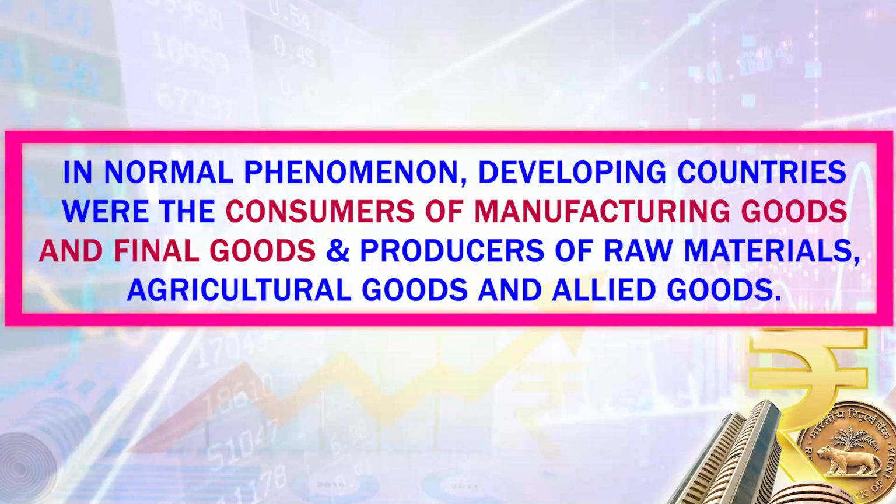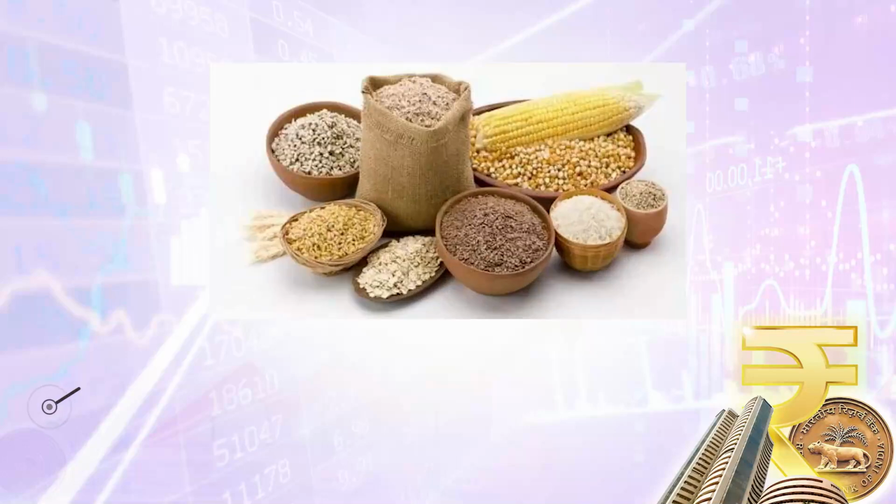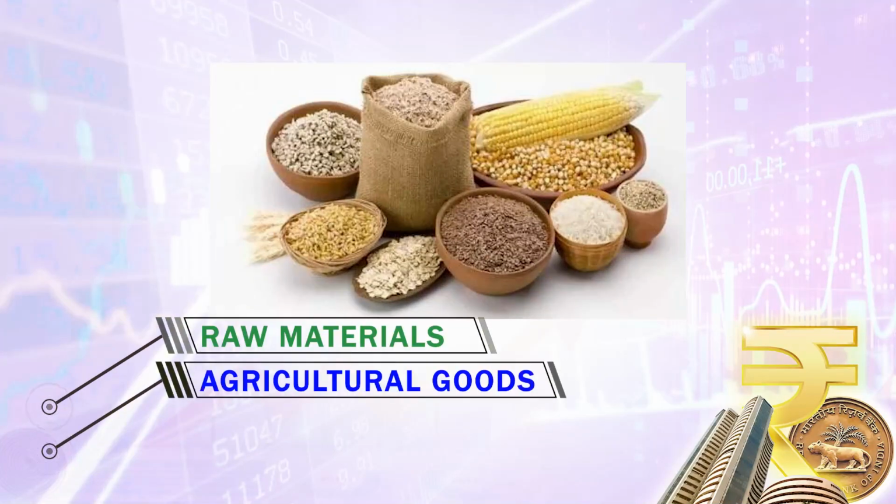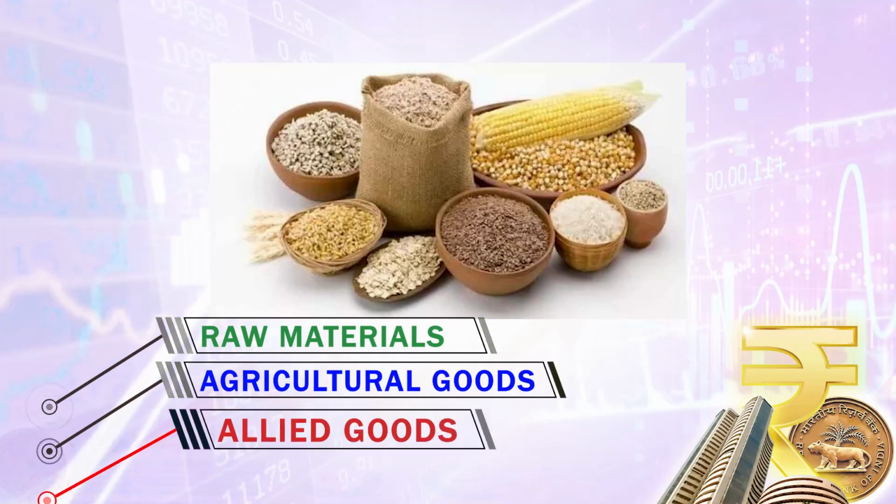Now, the main cause of the exploitation by the colonial power was that the developing countries, or the third world countries, or the poor countries, we can say, were the consumers of manufacturing goods and final goods, whereas they were the producers of raw materials, agricultural and allied goods.